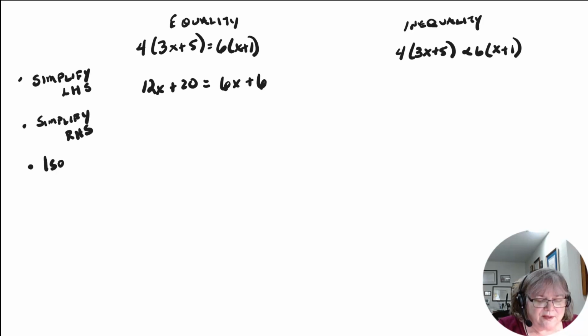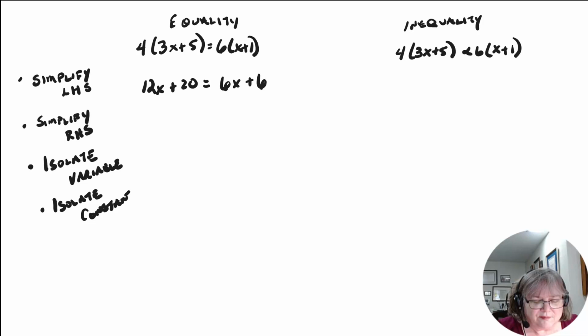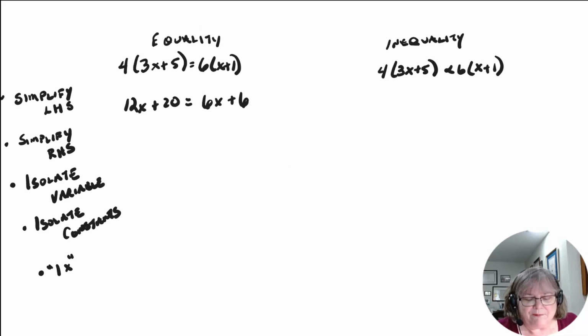Then we isolate our variable terms on one side and isolate our constants on the other. Then we do whatever we need to do to get a 1x, what one of them is, all right?